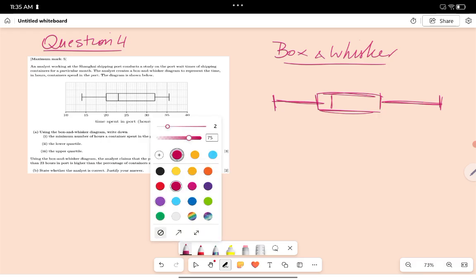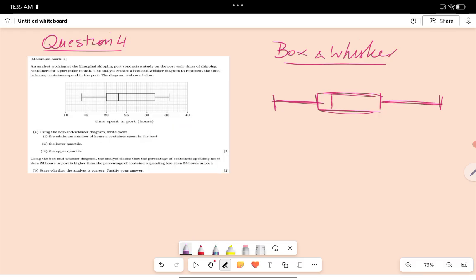And what it means is that we've got Q2 up here, and Q2 is the median. That's the middle value, guys, of the data. So if we have our data points up here, organized from smallest to biggest, then we know that the median is splitting our data in two.